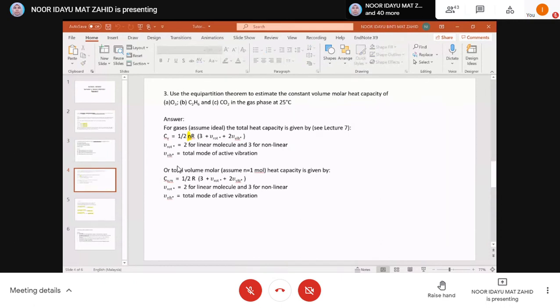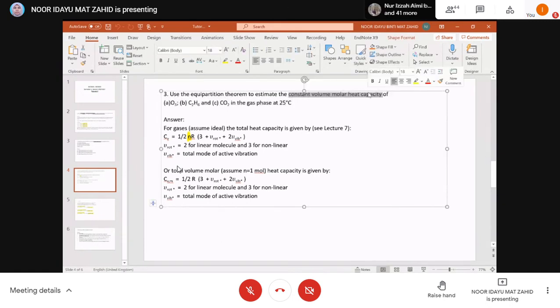So the third question: use the equipartition theorem to estimate the constant volume molar heat capacity, the heat capacity at constant volume, for ozone, ethane and carbon dioxide in the gas phase at 25 degrees Celsius.